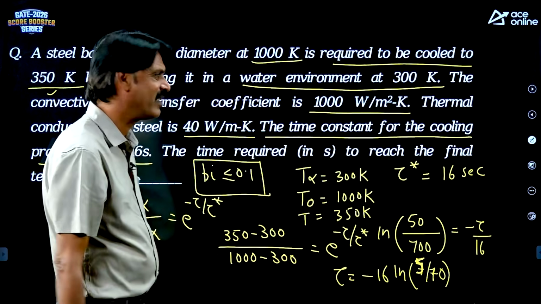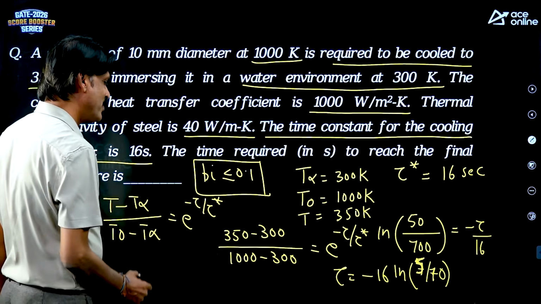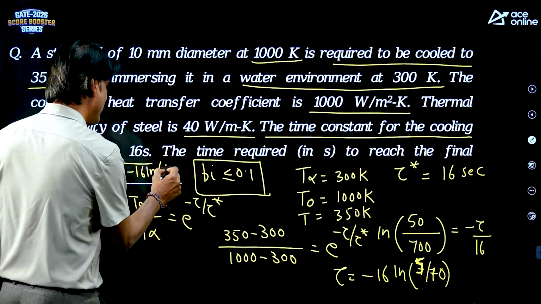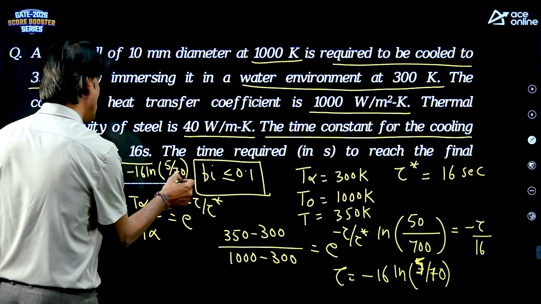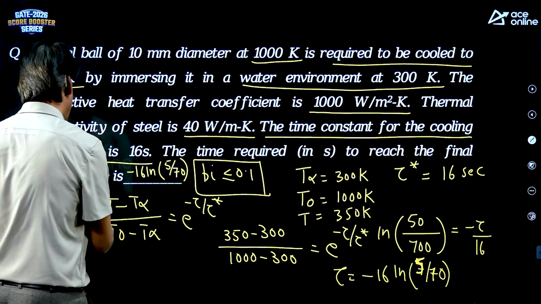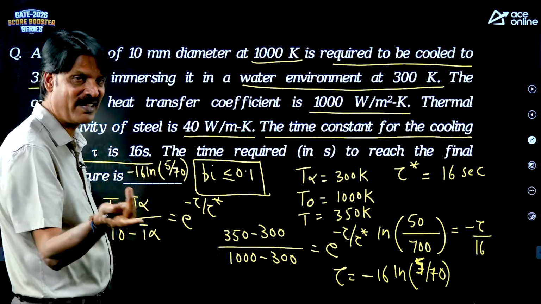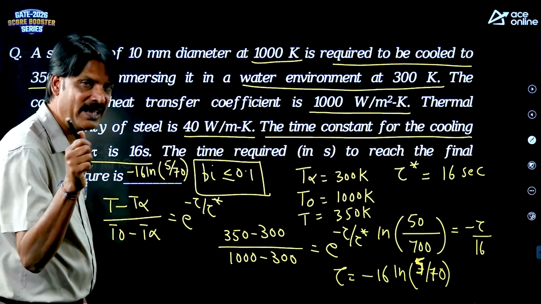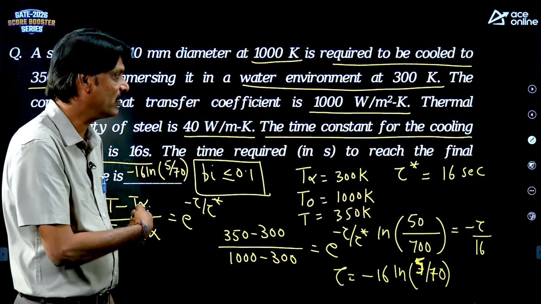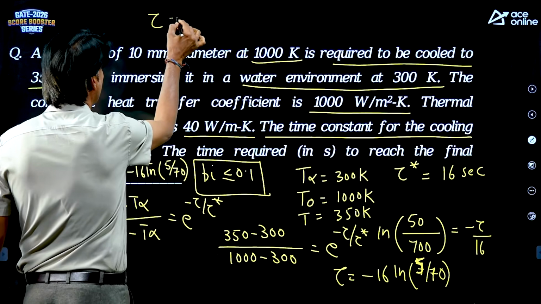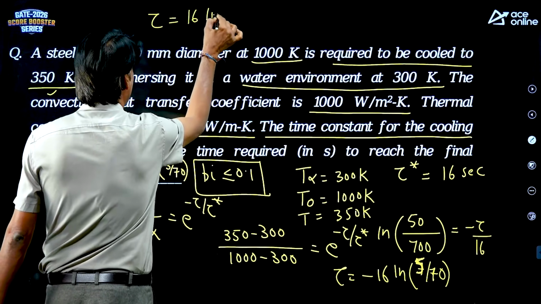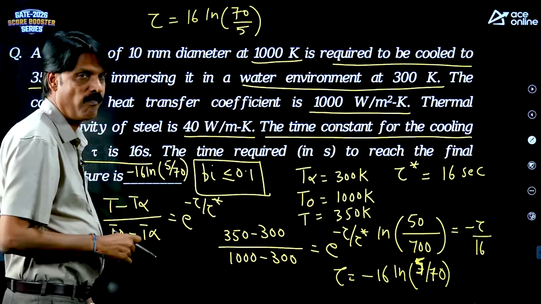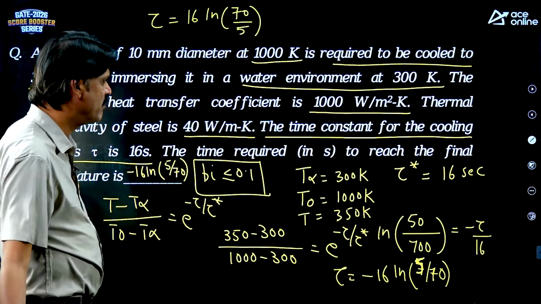That should be the answer, in seconds. And logarithm of a fraction is negative, so this value will be positive. Don't think that time is negative. Wrong. Or your time is equal to 16 times log 70 by 5. So many seconds. You can calculate.